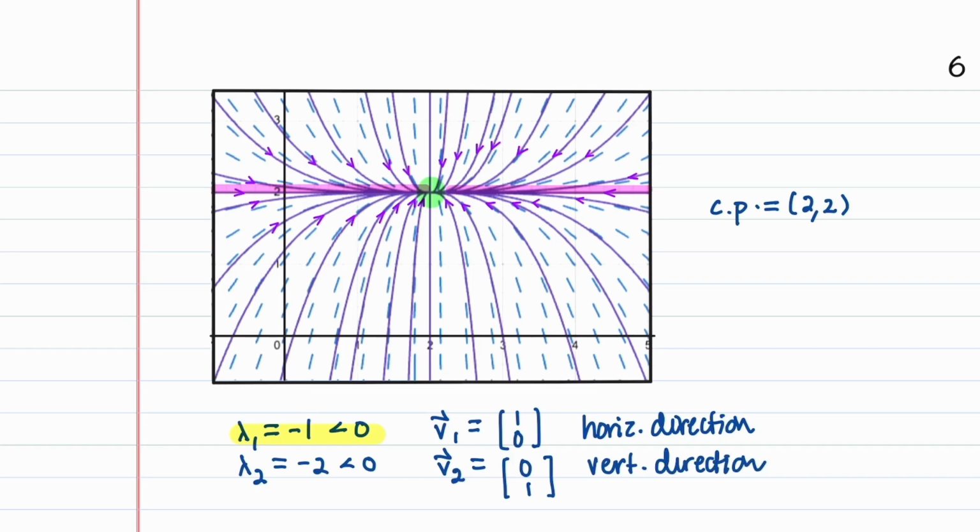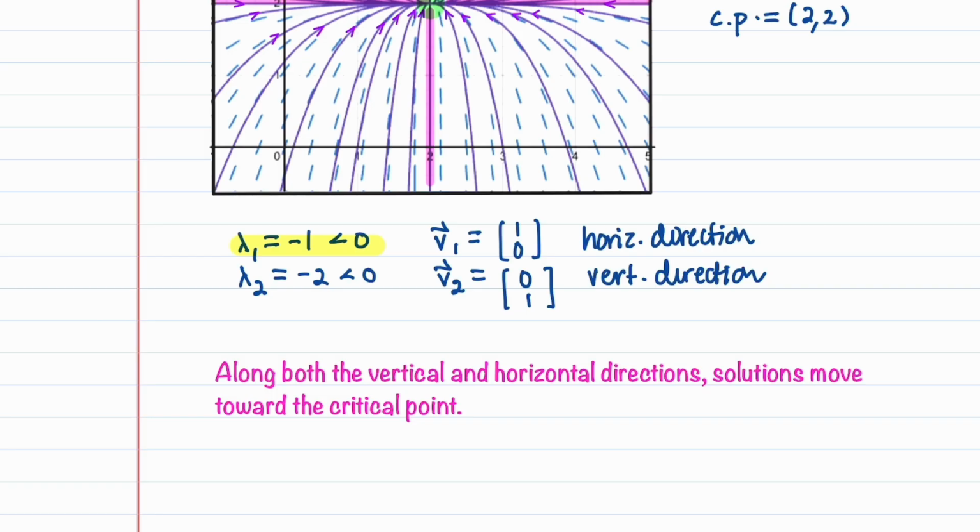So if we go back up here to our graph, we can see that along the vertical direction, solutions are also going to be moving toward our critical point. I've just summarized this right down here. Along both the vertical and horizontal directions, solutions are going to move toward the critical point. And that's what happens when you have a stable node.